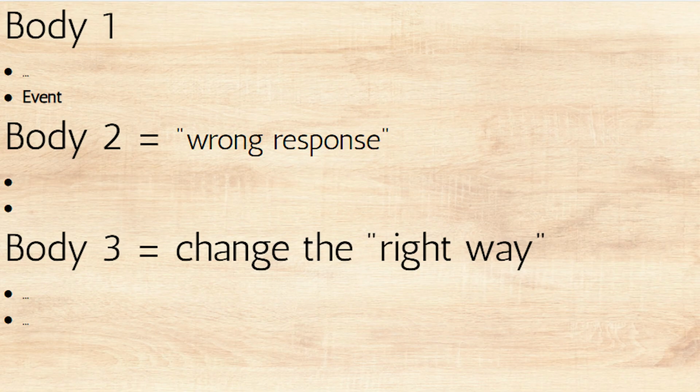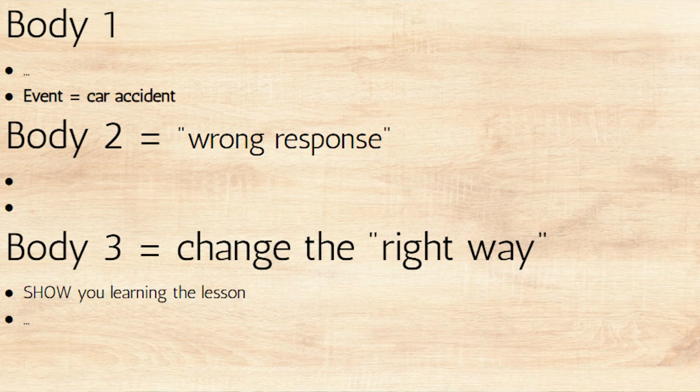It's where you start to actively change in the way that you said you would in the thesis. In the car accident example, if the car accident taught you to value your life, then in body paragraph 3, you need to show us what that looks like.